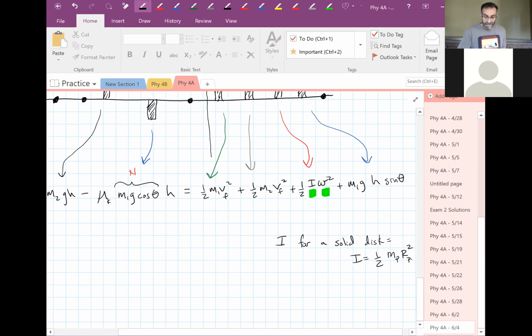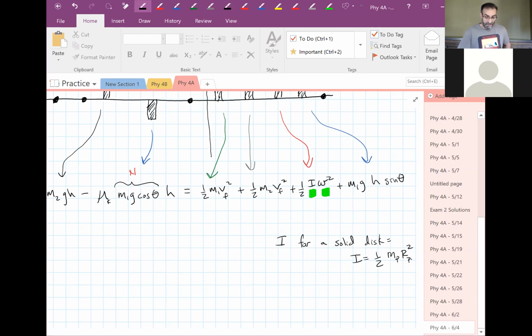One half mr squared for a solid disk. How do we get that? We look it up on the table in the textbook or on the formula sheet. Like I said, we'll talk about finding rotational inertias more after we finish this problem. So I is a given, we know that.